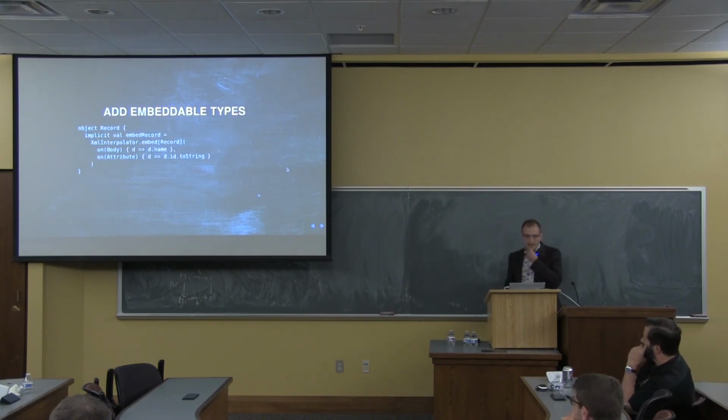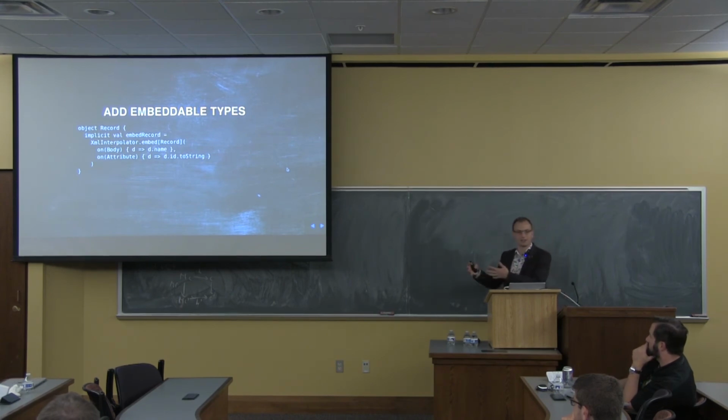So, the ability to add additional types. Say we have a record type. I have no idea what record really is, but we want to be able to embed it in XML. When we're defining record, now record is not something that is part of Contextual, it's not part of Xylophone. It's something we as a user of those libraries have defined ourselves. So in its companion object, maybe we want to define how you embed a record. And the way we do it is using the syntax here, which makes it very easy for you to create an implicit of a type that is incredibly complicated, but you don't need to see it.